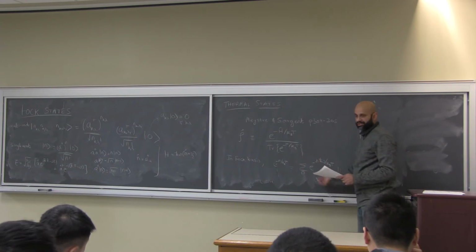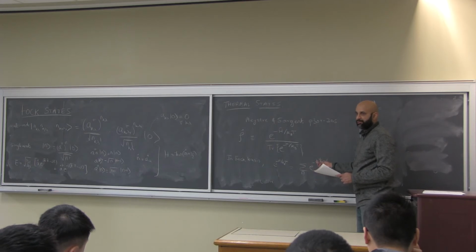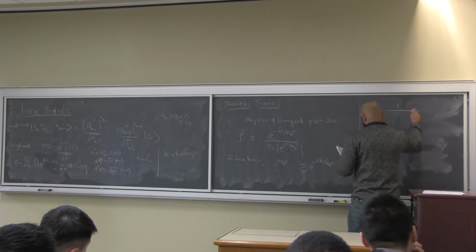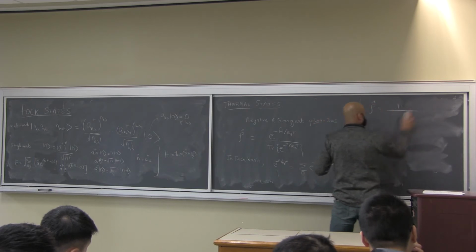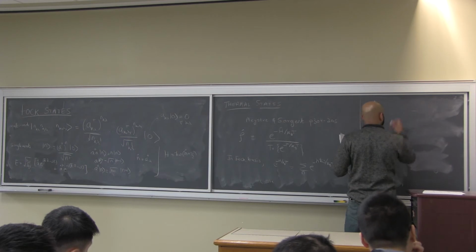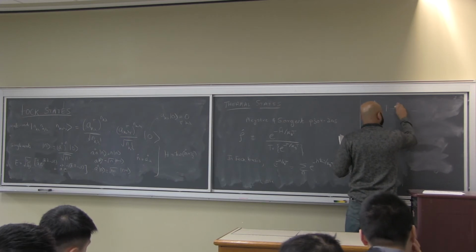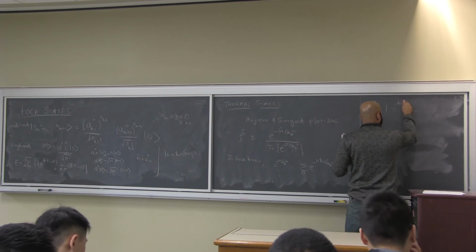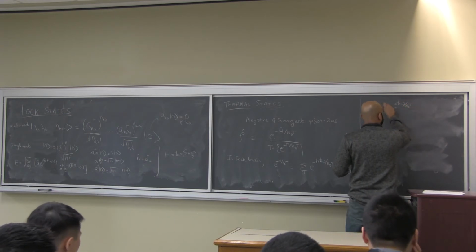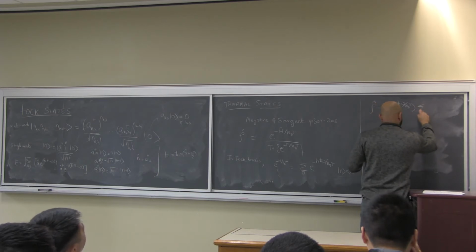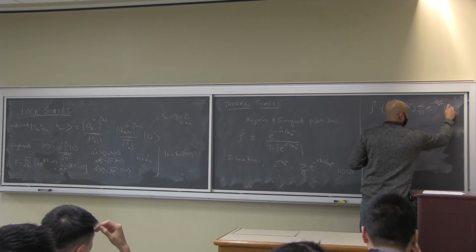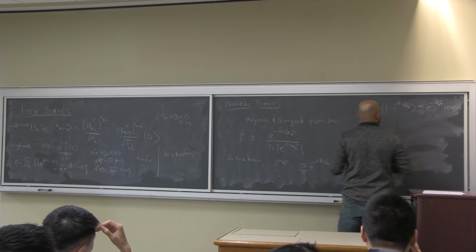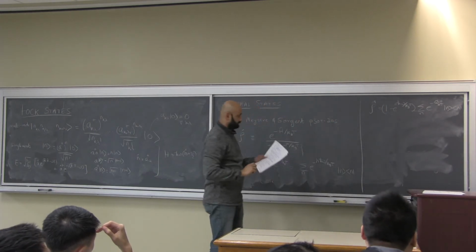Because this will just be a geometric series, 1 plus e to the minus h bar omega over kT plus e to the minus 2 h bar omega over kT, etc. So after doing the derivation you can write in the denominator 1 minus e to the minus h bar omega over kT, times the summation over n of e to the minus n h bar omega over kT. So that just comes from normalization, carrying out the trace of this matrix. Okay?